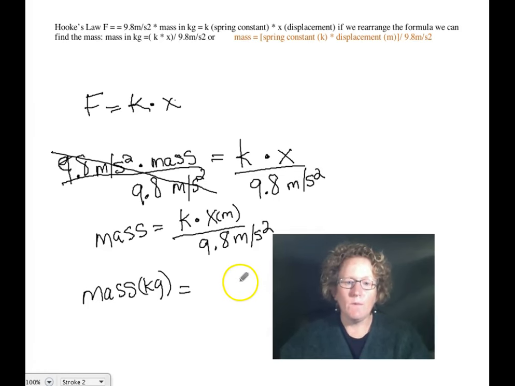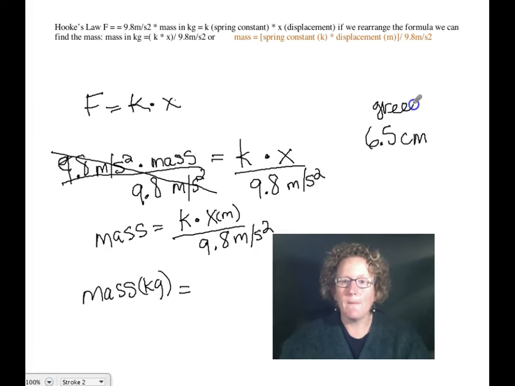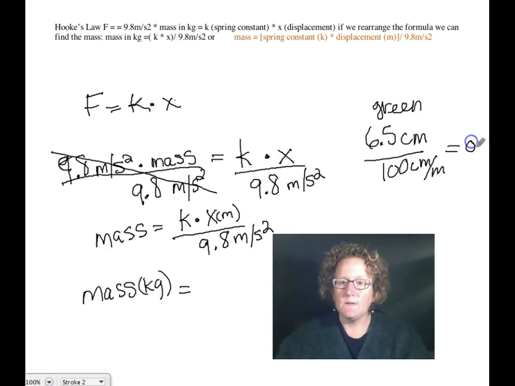For a moment, though, we know that we have 6.5 centimeters that we measured in displacement for the green spring. And we want to divide that by 100 centimeters in a meter. And that all works out to make 0.065 meters.